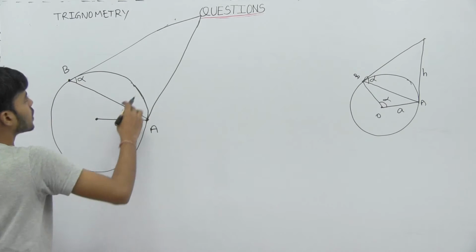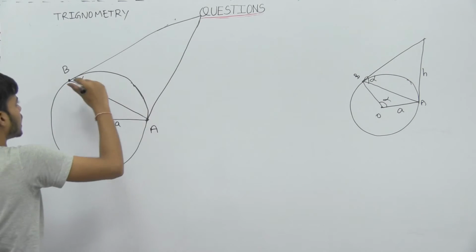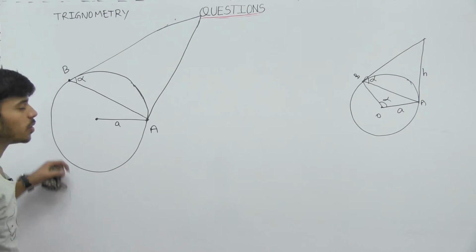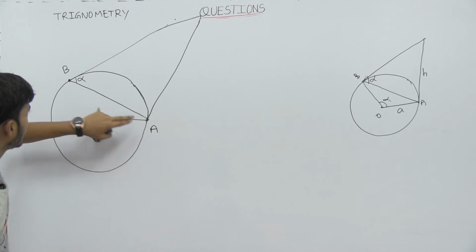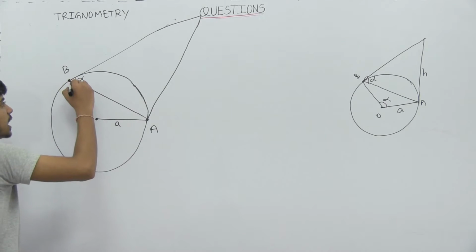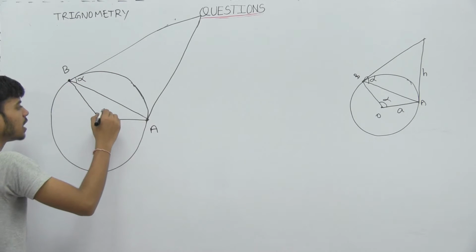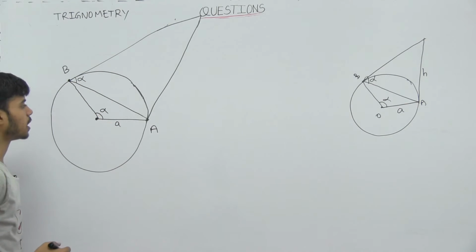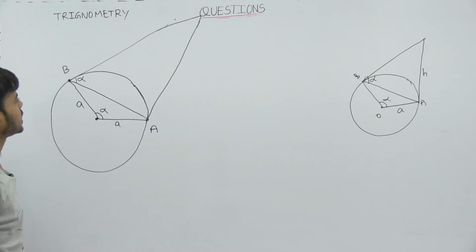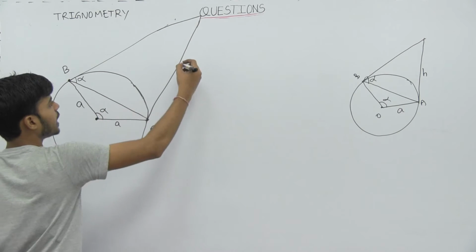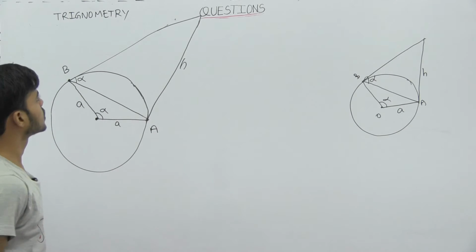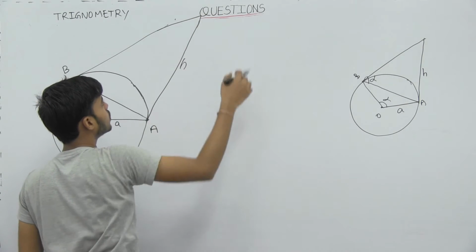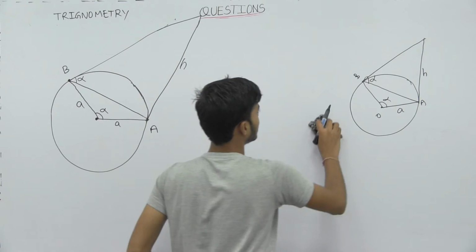So this tower at another point B, which is also on the boundary on this path, subtends angle alpha. Now this chord AB once again makes angle alpha at the center of the park. You know the radius is A. Now we need to find the height of this tower, which is h. So let this point be Q, as it got connected over there.